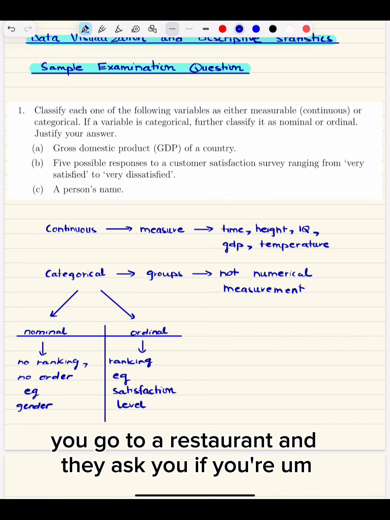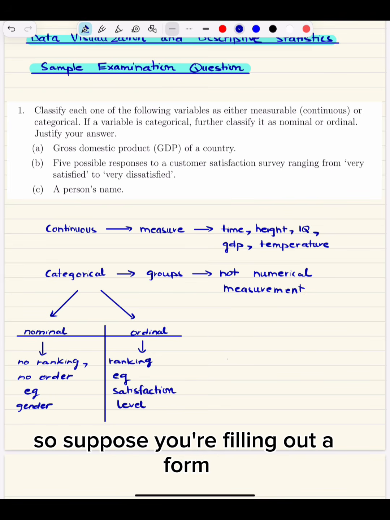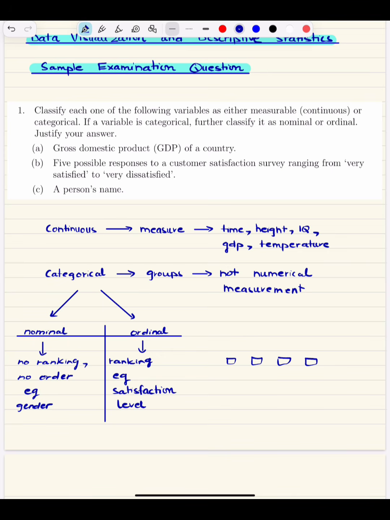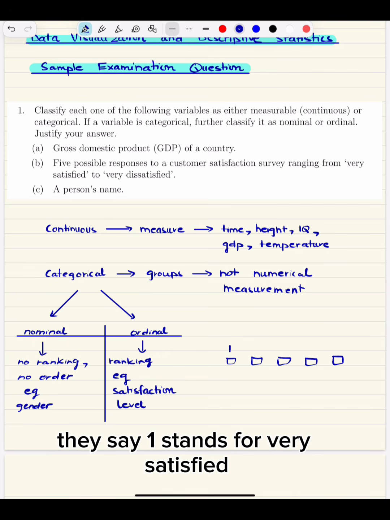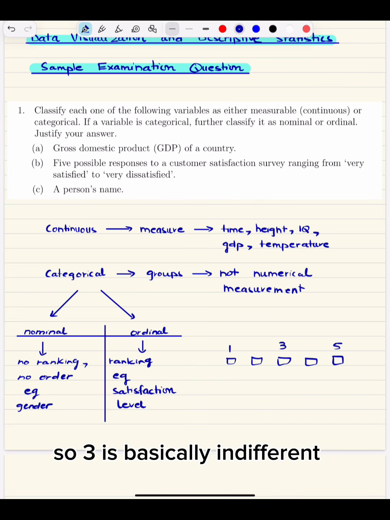You go to a restaurant and they ask you if you're very satisfied or very dissatisfied. Suppose you're filling out a form and it gives you these options, and they say 1 stands for very satisfied and 5 stands for very dissatisfied. So 3 is basically indifferent.